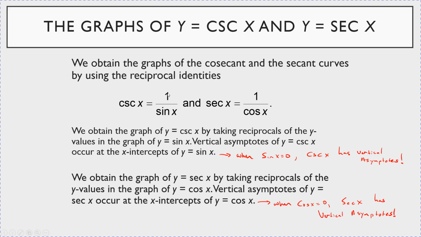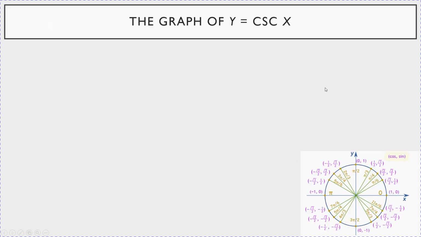Okay, so let's start with cosecant, just to get a basic idea here. Let's sketch the graph of y is equal to cosecant of x, and let's just sketch it on negative pi to pi. This is how you're going to do it every single time.